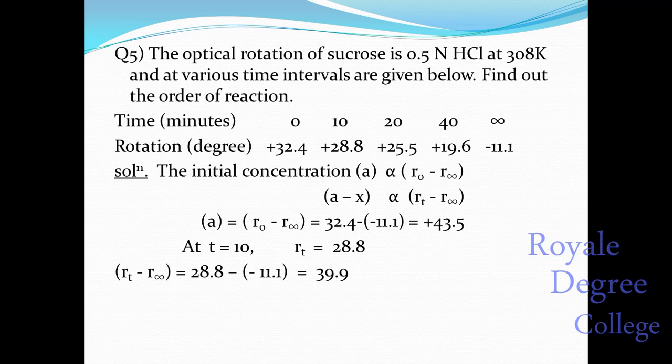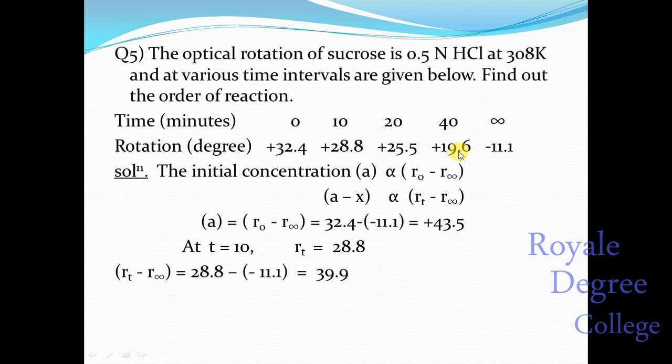See this table. Time in minutes 0. At 0 minutes, the rotation is how much? Plus 32.4. Okay, optical rotation. At 10 minutes, optical rotation is plus 28.8. At 20 minutes, plus 25.5.